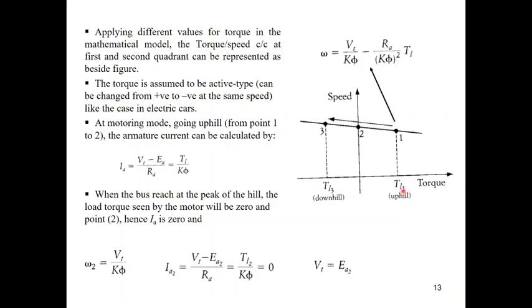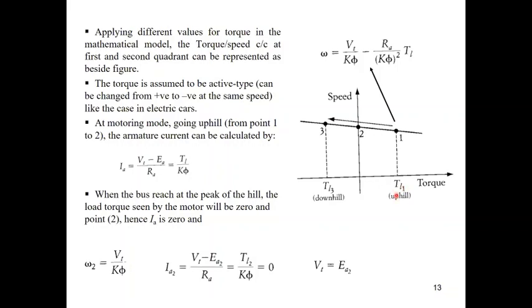We described it before. We have two different types: unidirectional load torque and bidirectional load torque. Bidirectional load torque is like the case in electric cars. The load torque itself can be reversed.